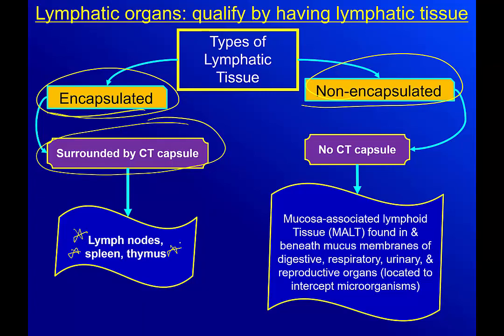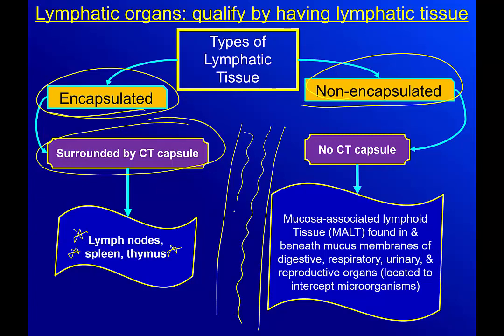Non-encapsulated is kind of lymphatic tissue that is embedded into something else. So I've got my intestine, right? Inside the lining of my intestine, I have these little collections of lymphatic tissue called lymphatic nodules, okay?